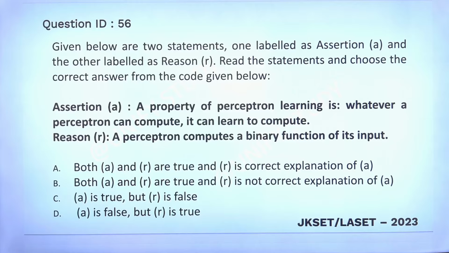The property of perceptron learning is that whenever a perceptron can compute, it can learn to compute. Reason: a perceptron computes a binary function of its input. This is a common mistake.